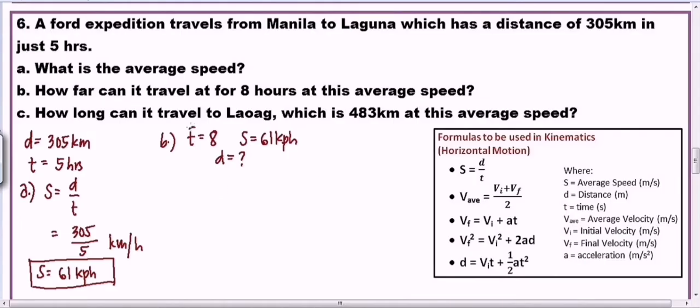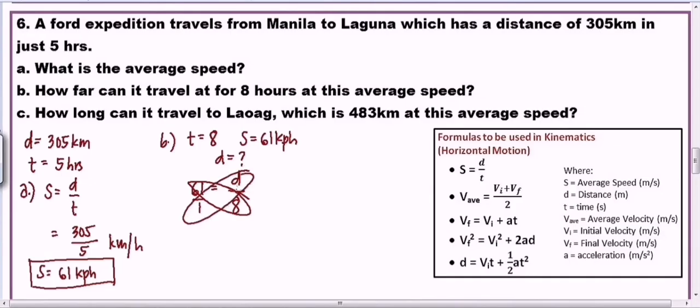So, ang formula, we have T, S, and D. Ito pa rin, guys. Pwede yan. Okay, as long as kompleto, sinabi ko na yun sa part 1, as long as kompleto ang letters, pwede nyong gamitin yun kahit kanino. So, S is 61 equals, D is unknown over T for time is 8. Okay, so over 1 to, cross multiply.